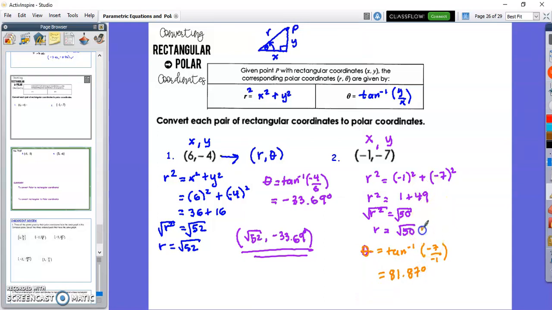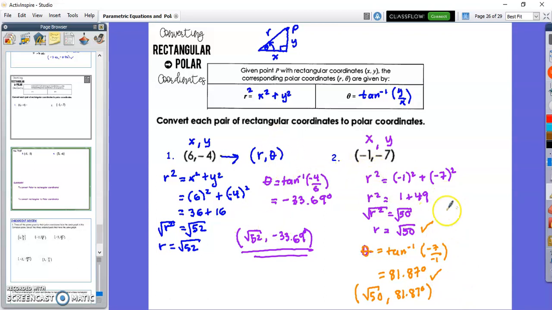So my r is root 50, my theta is 81.87 degrees. That means my polar coordinates will be root 50, comma, 81.87 degrees.